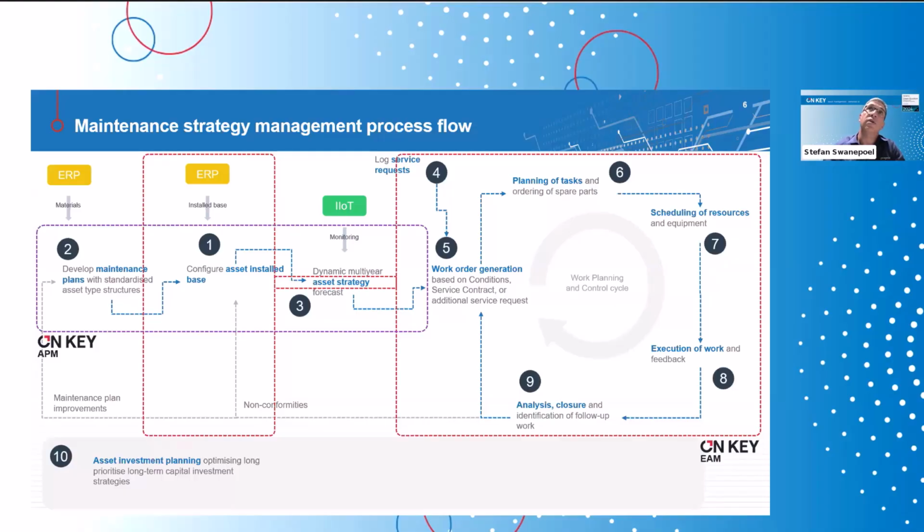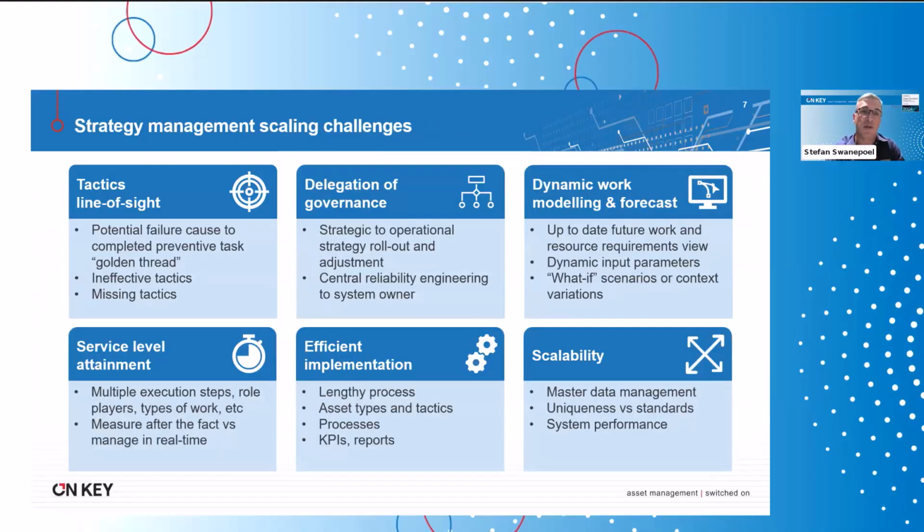Now, looking at all this, and in terms of some of the challenges that one typically faces with having your maintenance strategy executed properly, in the first place, one wants to see that your maintenance tactics and your strategies are really grounded properly in proper failure analysis, and then have that golden thread, from failure causes all the way through to the maintenance tactics that needs to be executed to make sure that your assets operate reliably.